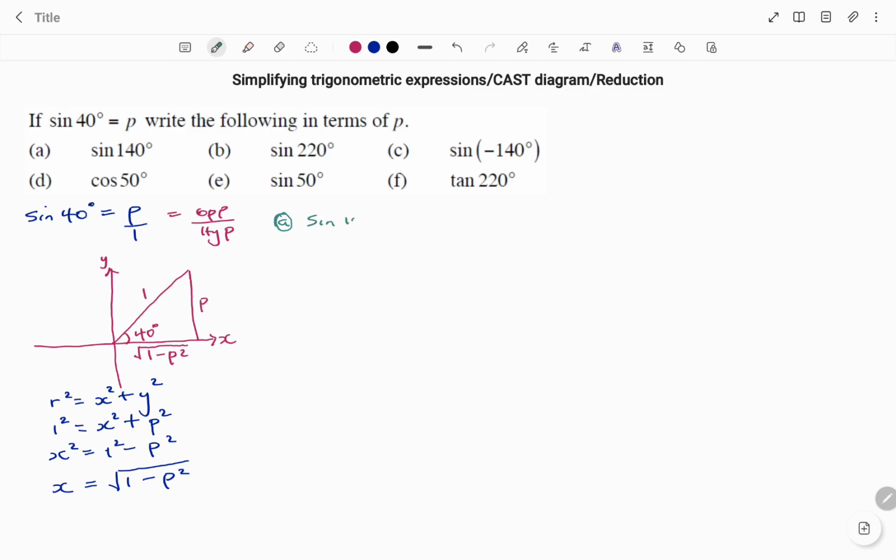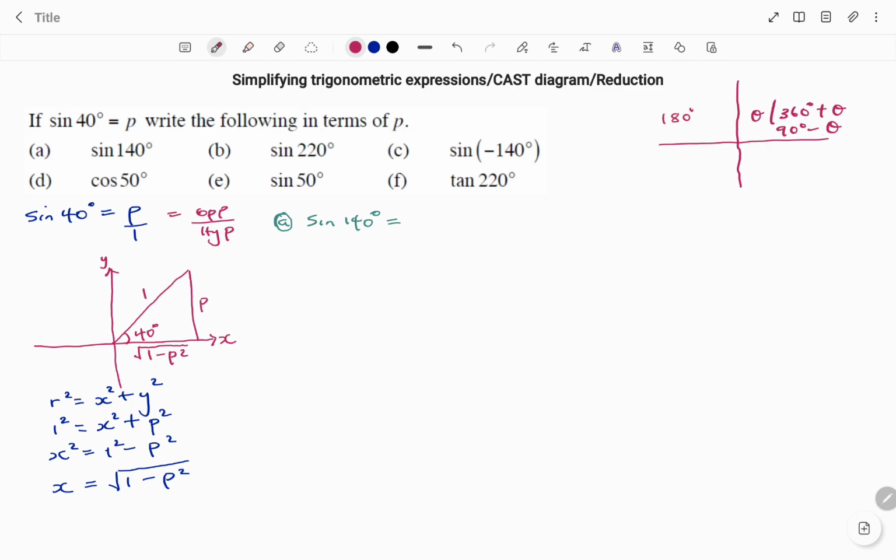I have sine 140 degrees. Reducing that, if I go back to my CAST diagram, I'm going to draw a sketch here. In the first quadrant, the value of theta, I have 360 degrees plus theta, or 90 degrees minus theta. That will help me in my reduction.